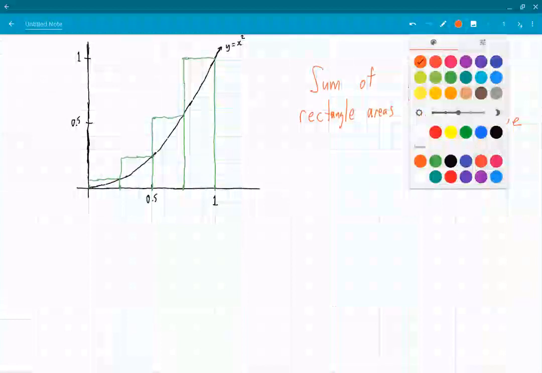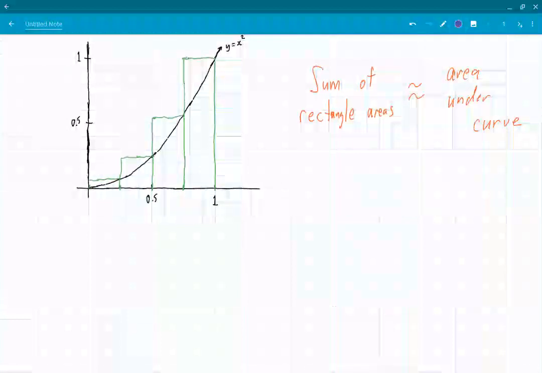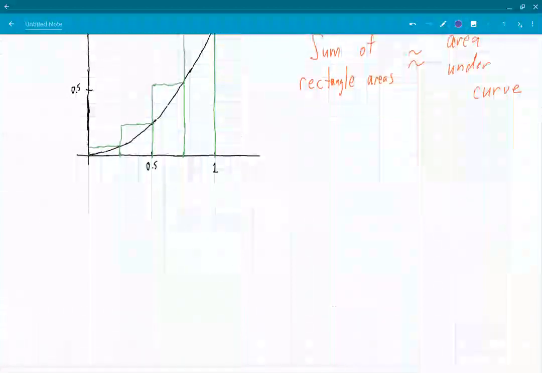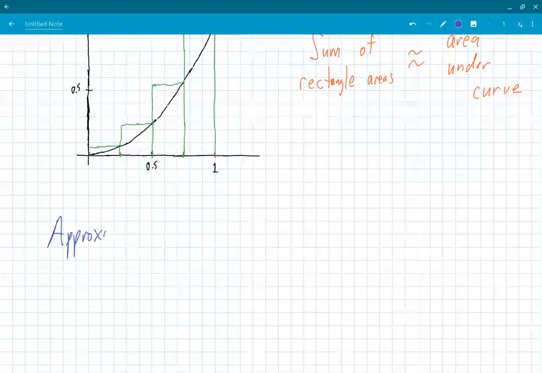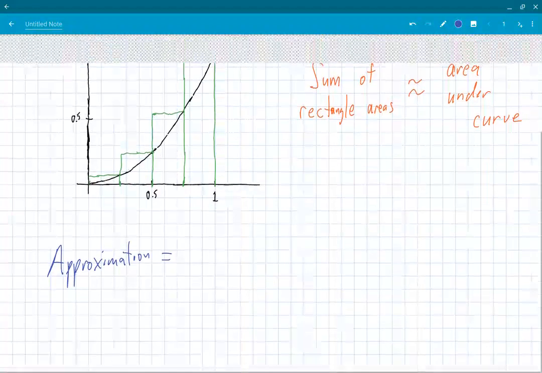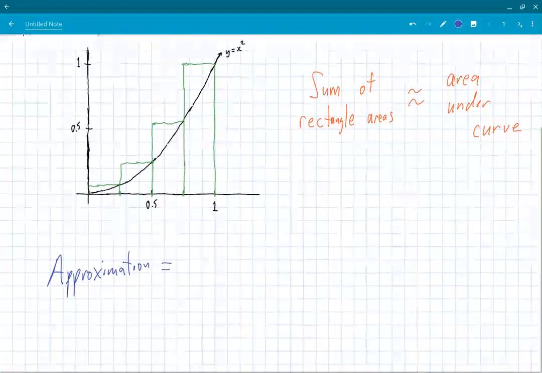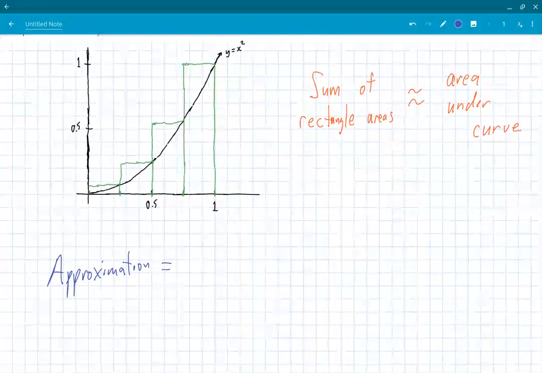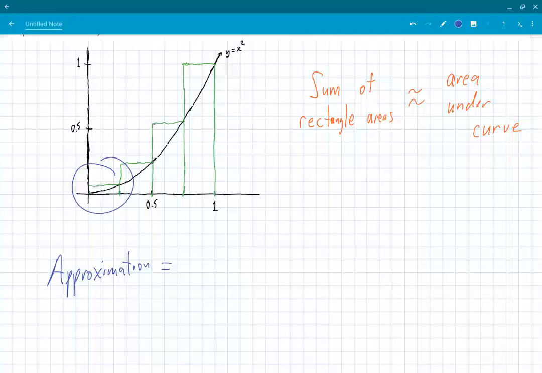Let's go with blue, why not? Okay, so the approximation is, well, I'm going to go left to right. I'm going to do base times height for each rectangle, starting with the first one.